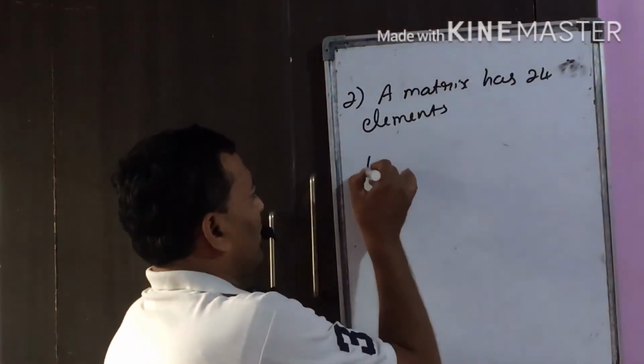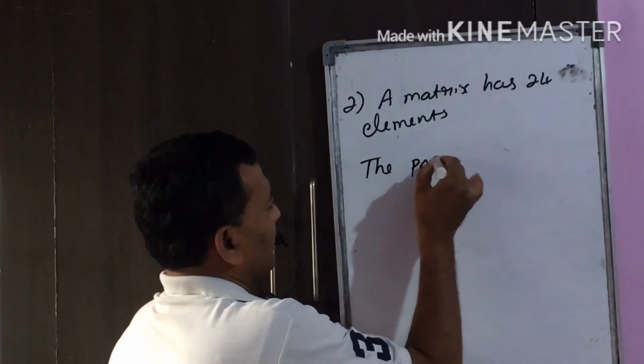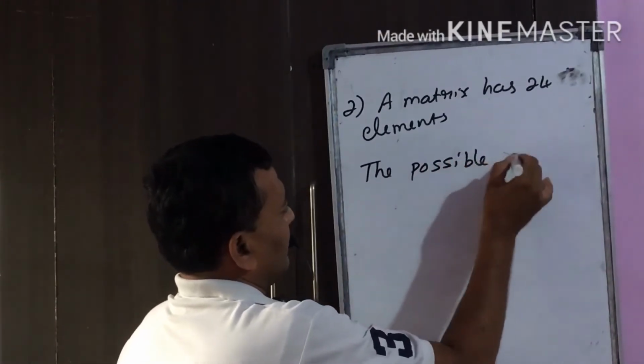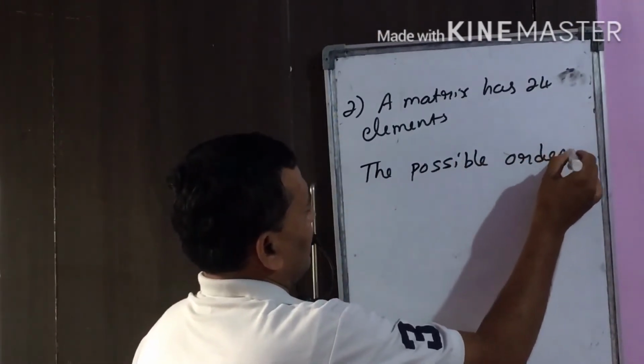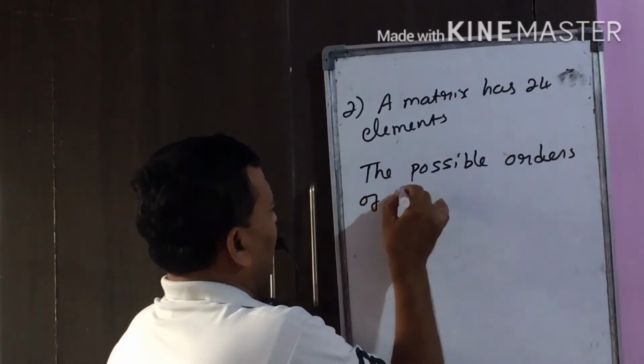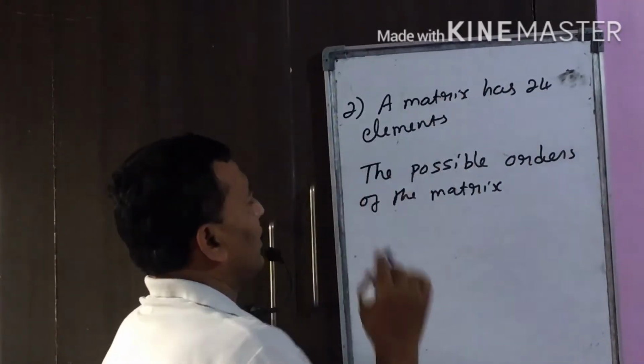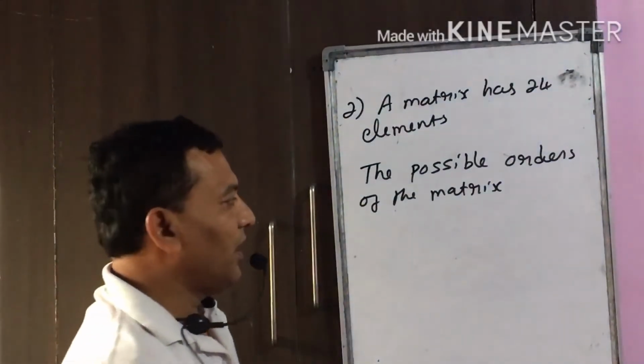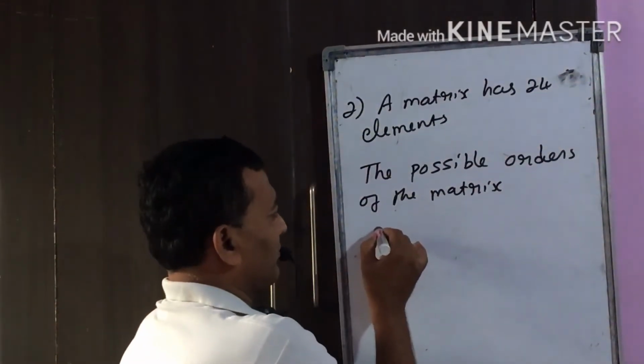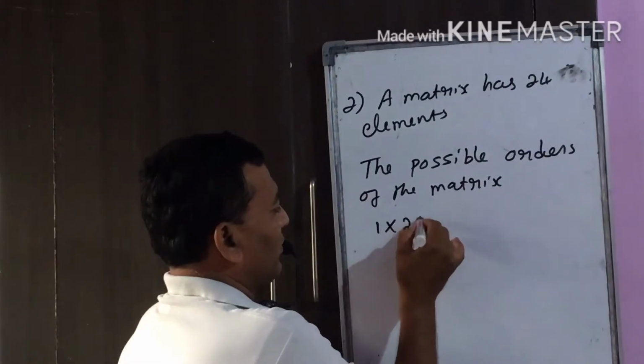The possible orders of the matrix which has 24 elements. It can be a row matrix 1 cross 24.